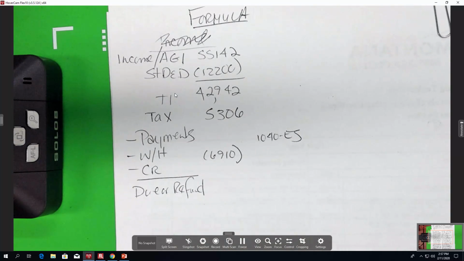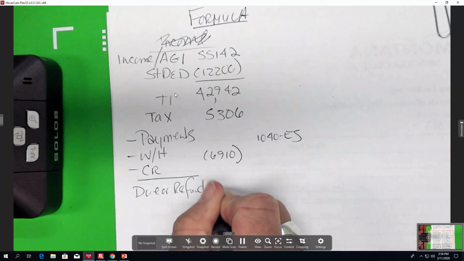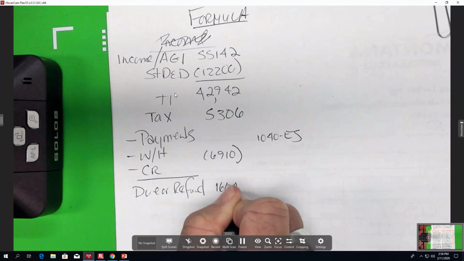I don't see any indication of a credit either. Therefore, $53.06 minus $69.10. Is she paying $16.04 or getting a refund?